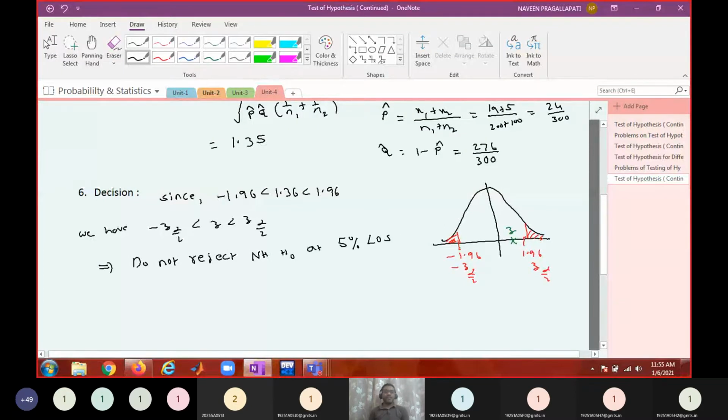Therefore the observed sample results are insignificant. They are not significant at the 5% level of significance.